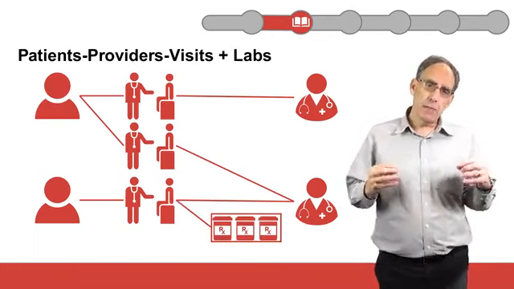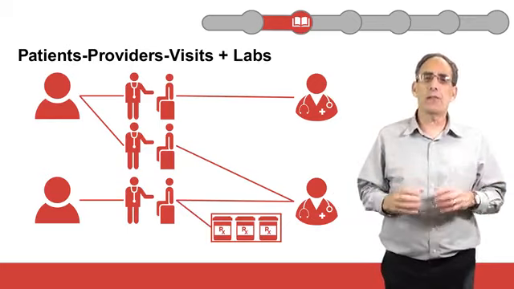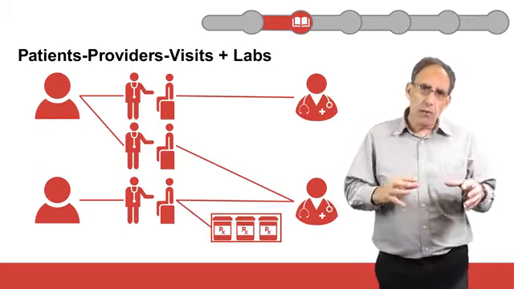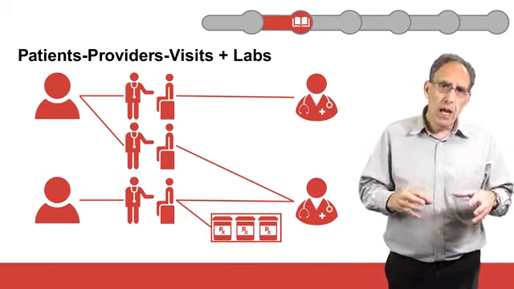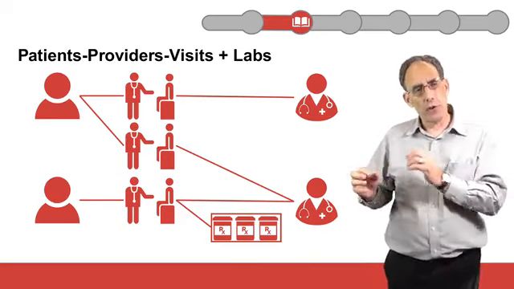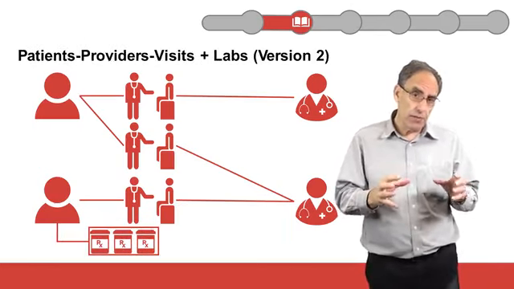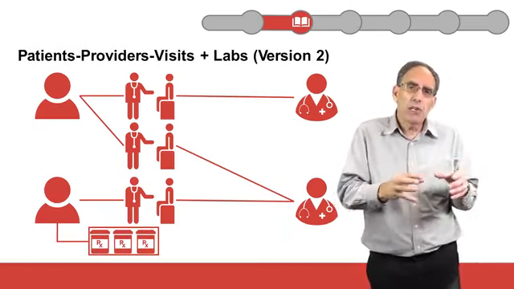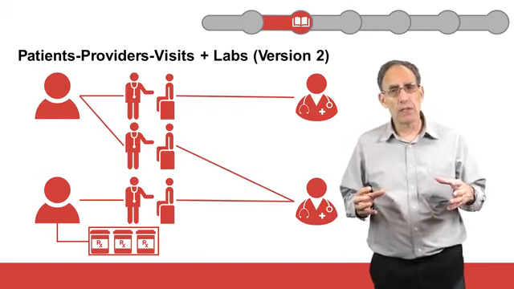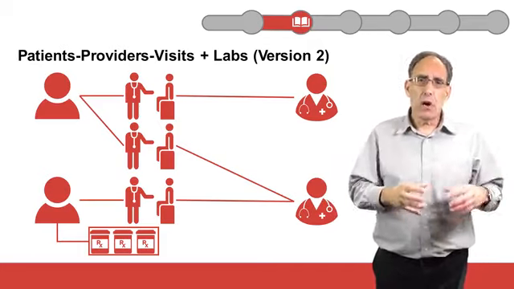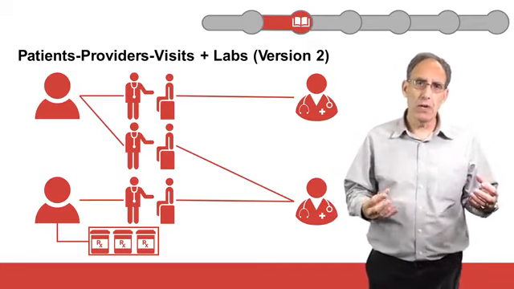This slide extends the previous slide to include icons representing multiple medications. In this model, medications were included as part of the patient's visit with her provider. This is an alternative data model where the medications are not associated with a visit, but are associated directly with the patient on whom the medications were ordered.